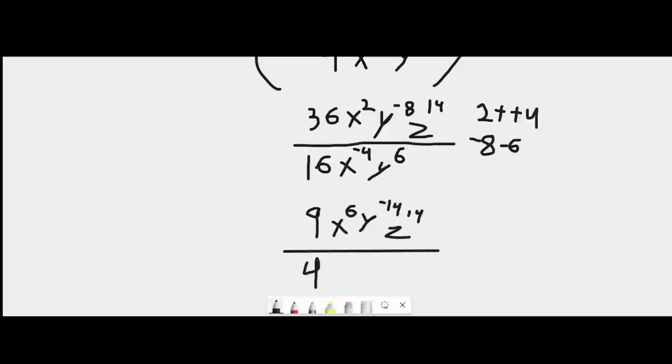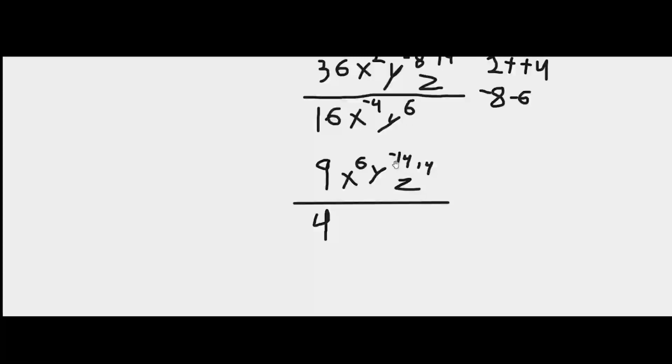Now the issue is we don't like negative exponents. So we are going to remove the negative, but flip it over. Imagine that there's a 4 down here, but this y in particular has a 1 that we can just swap it out with.